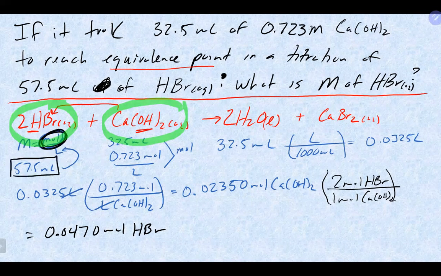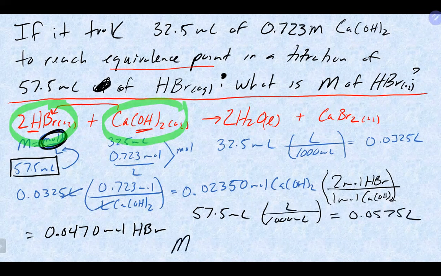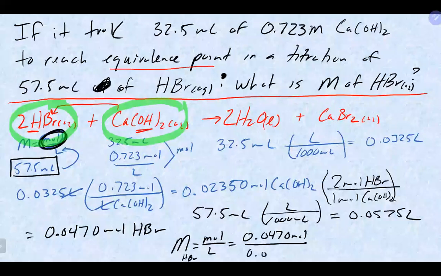So we do have the volume here. We do want to convert that as well into liters. So we do our 1,000 milliliters as a liter, 0.0575 liters. Now we have everything we need to calculate the molarity of the HBr. So our moles, which was 0.047, our liters, which was 0.0575.